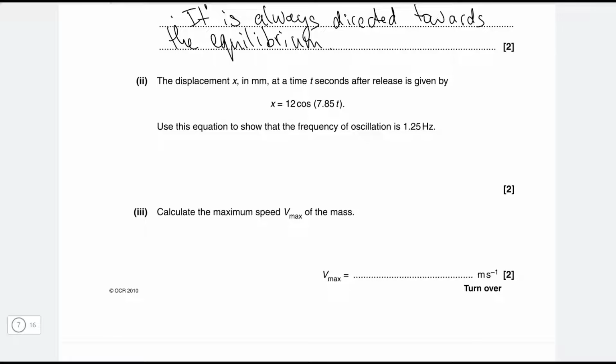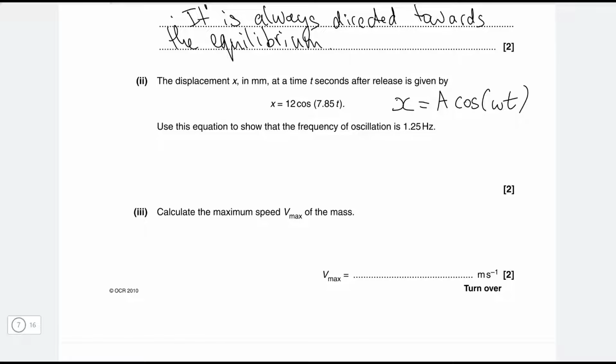Now I'm going to go through this in quite a bit of detail just to explain this, so that will just help you guys revise this topic. You don't have to write this in quite as much detail when you're actually writing the exam paper, but my purpose of this video is to actually help you guys revise.